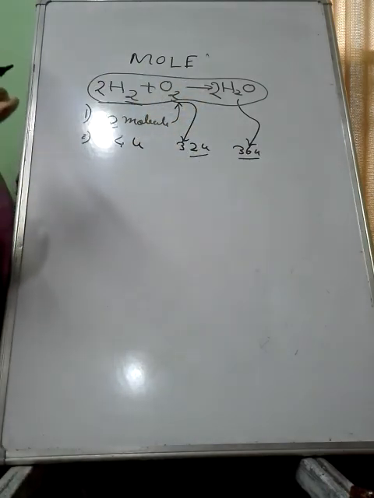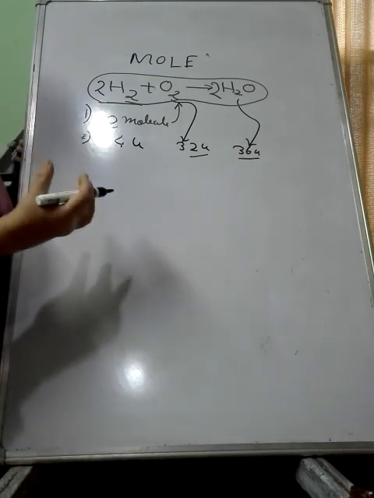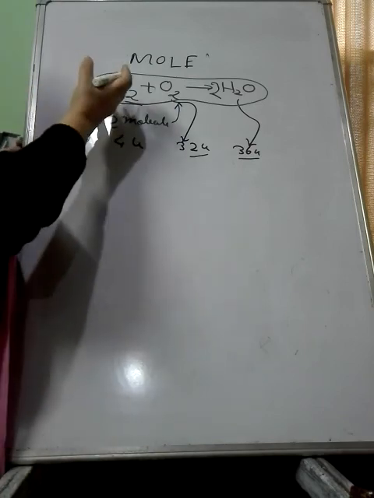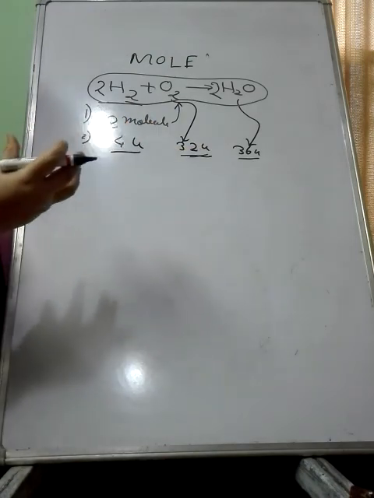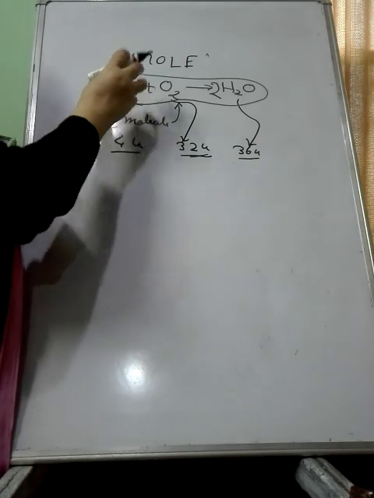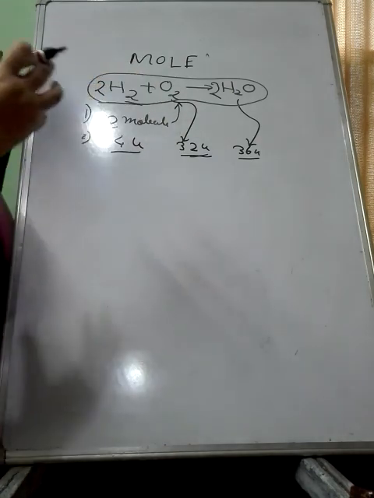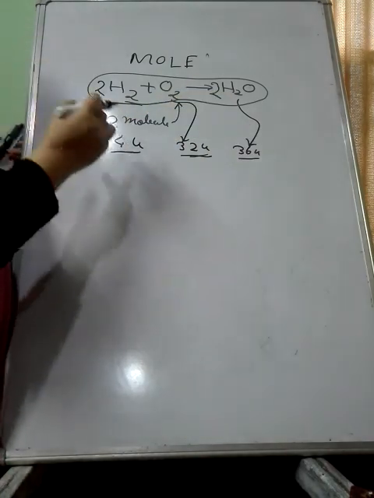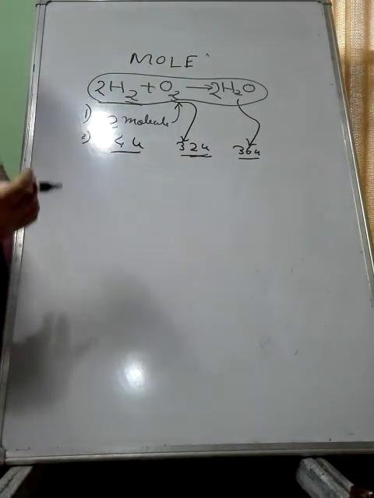But there became a necessity for one concept where we get the number of molecules and the mass also. We need such a unit where we will get the number of molecules and the mass of the reactants, how much amount of the reactants combine to form the product, and how many molecules combine to form how many molecules of the product.